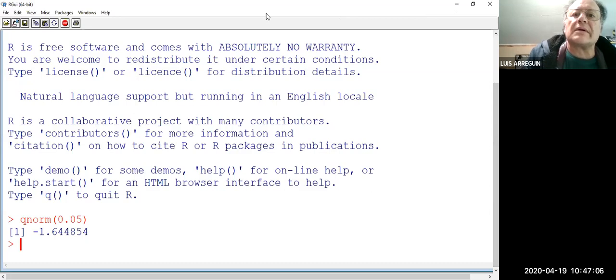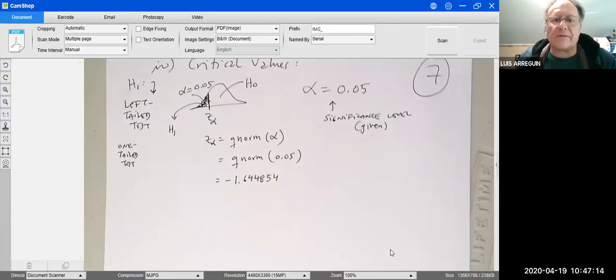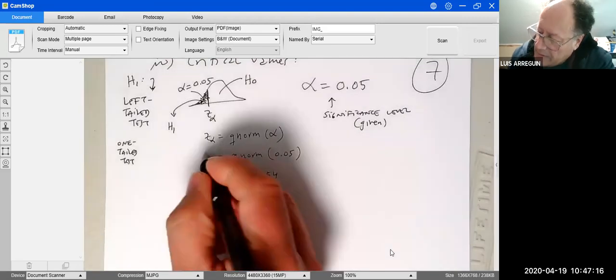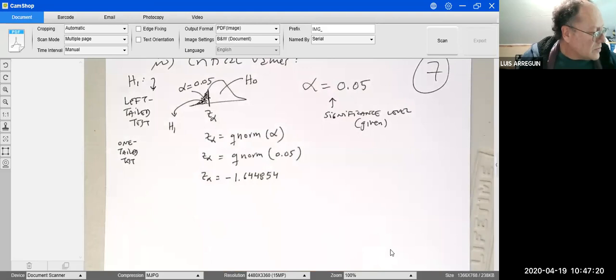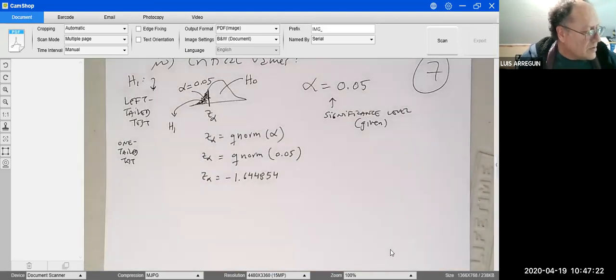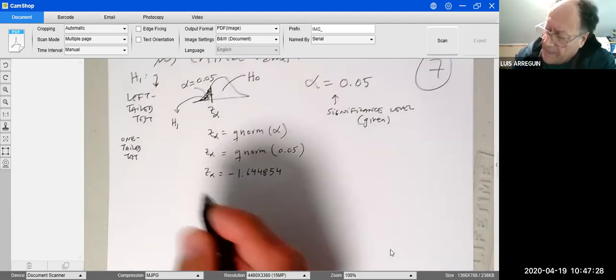So let's go back to our notes. So we have here now the critical value, alpha. So now we know this value. So the next step is you just need to compute the test statistic now.